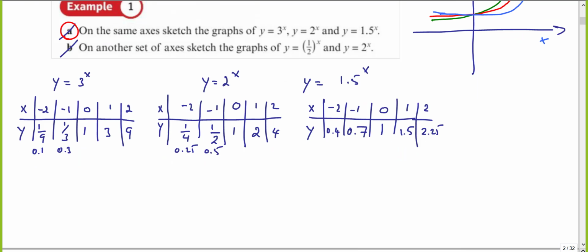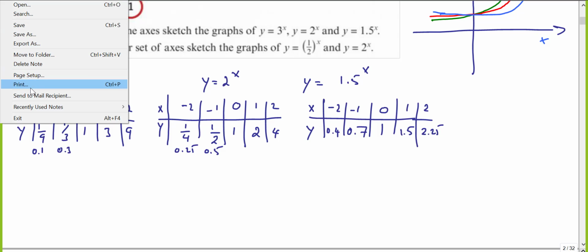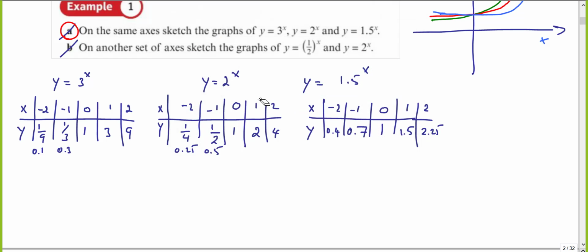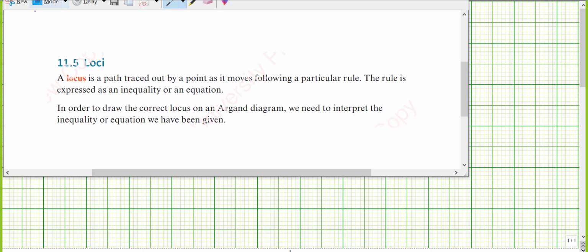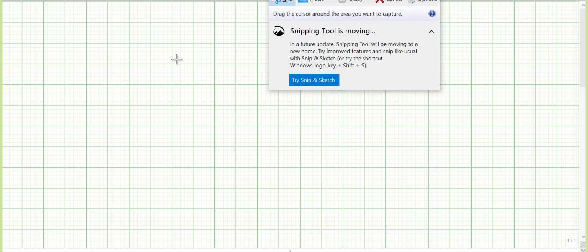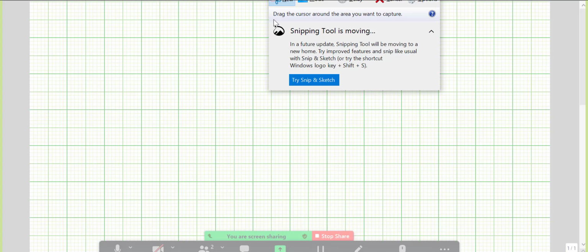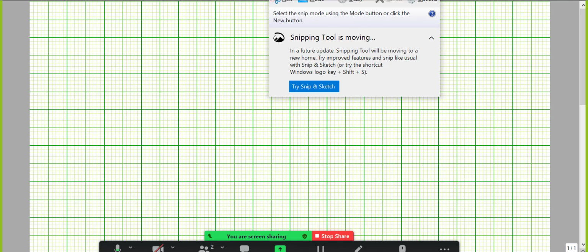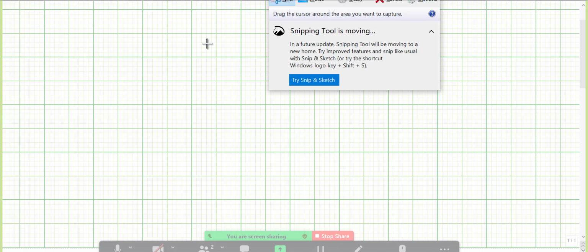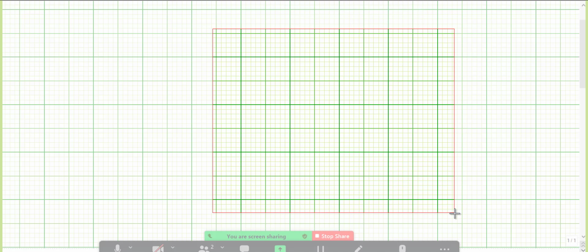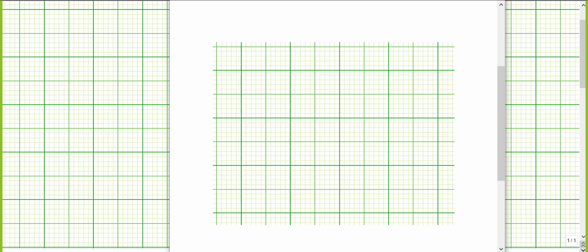Show you how to do it. Something like this. Possibly you need a graph paper. Can you see this, Adam? See what I'm doing? Yes, sir.